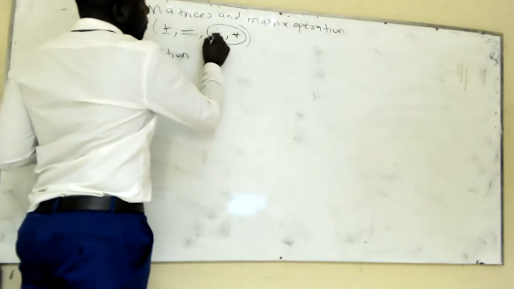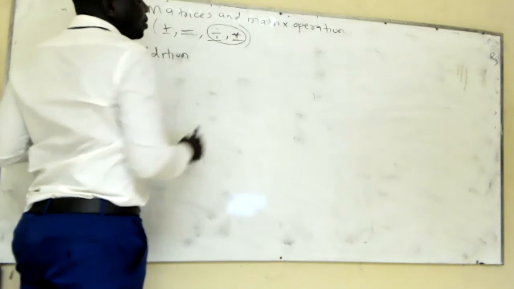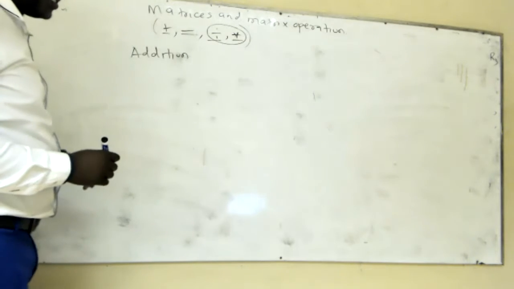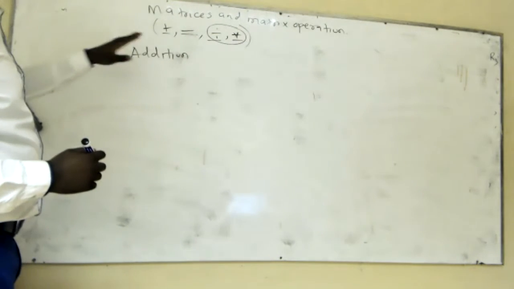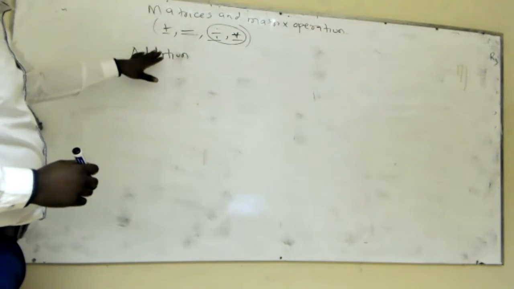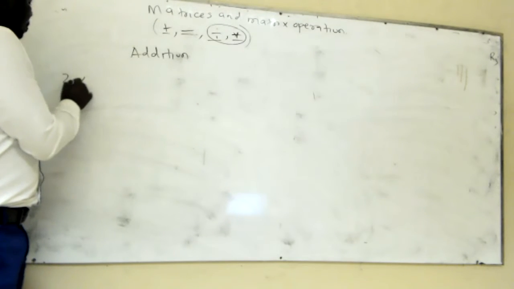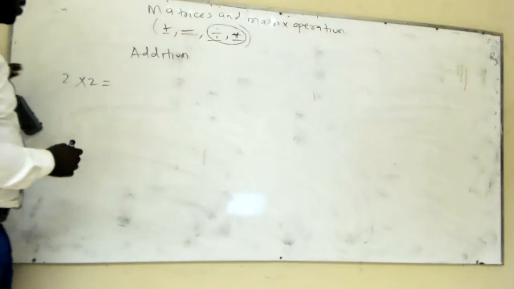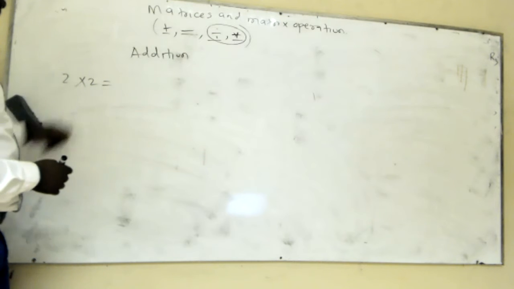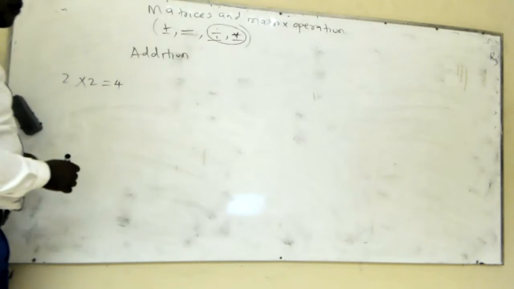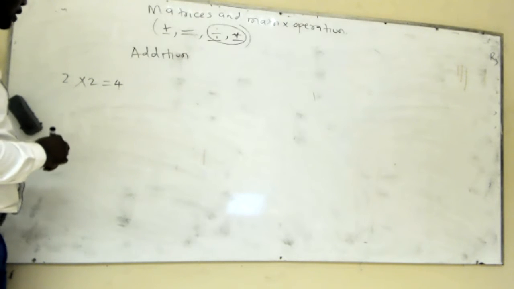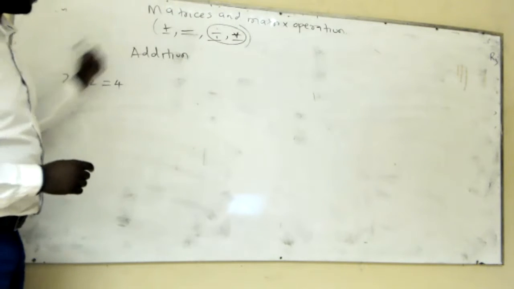The operations of division and multiplication are a bit different in this case. So we don't apply them the same way as when we are multiplying two real numbers. For example, 2 multiplied by 2 gives 4, but it's not the case for matrices.